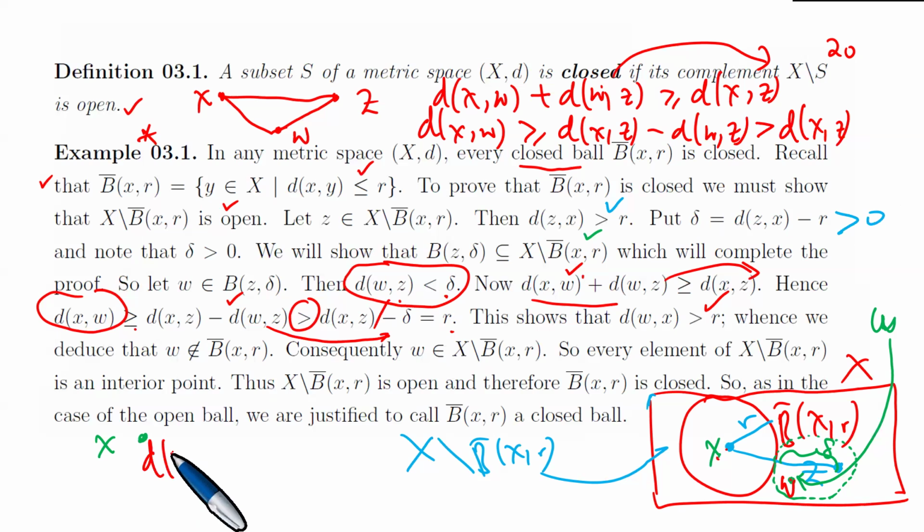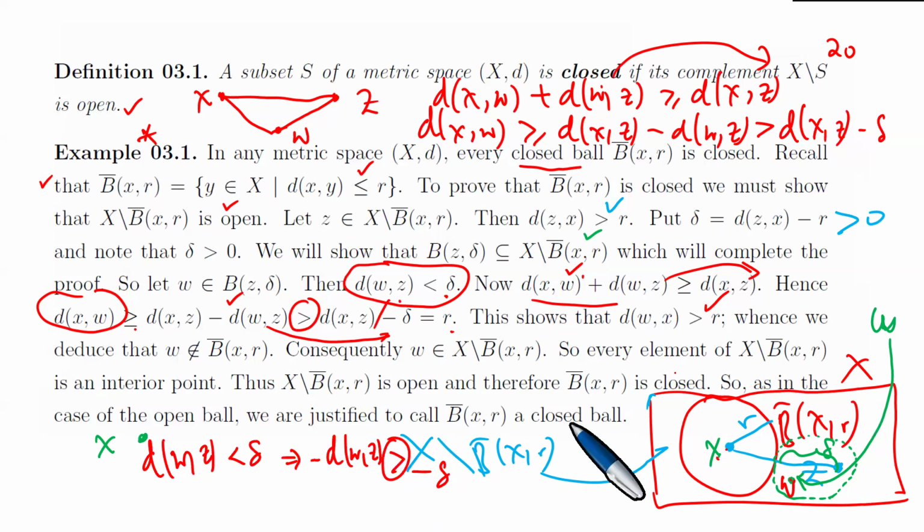Because the distance between W and Z less than delta actually means therefore minus this distance would be bigger than minus delta. So if you're going to put this, then you're going to put minus delta here. So it is therefore greater than because we multiplied both sides by negative. So this inequality is therefore correct.